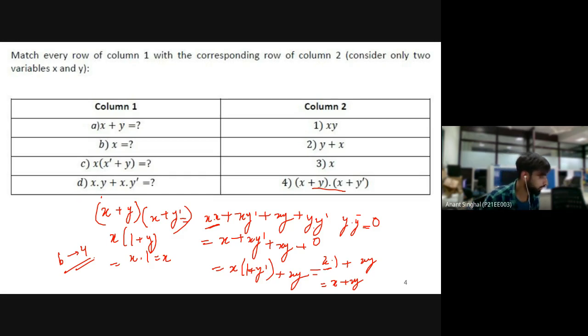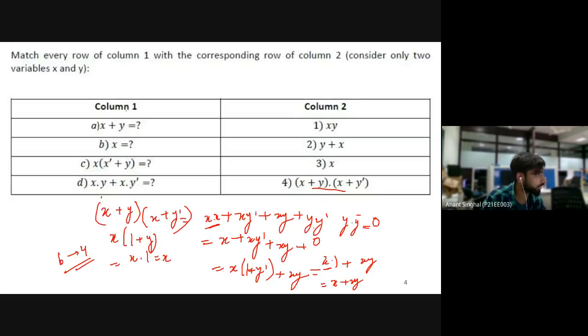So B is 4. Now I'll do the calculation for the C part, which is x bar plus y. I'll write on the next page. So it is x into x bar plus y, which is x into x bar plus xy. x into x bar is 0.